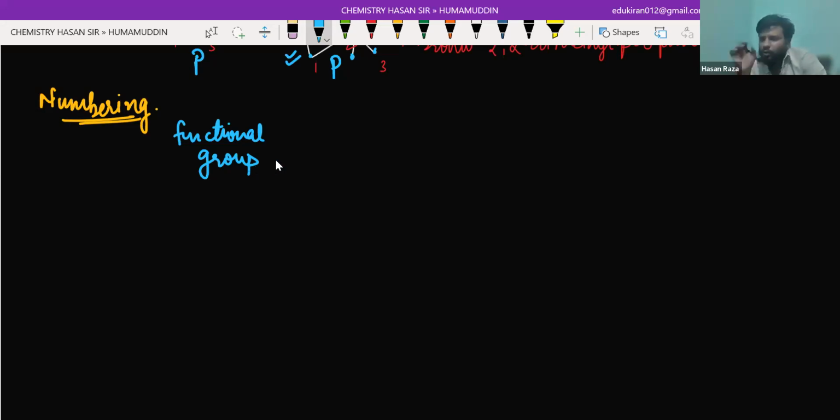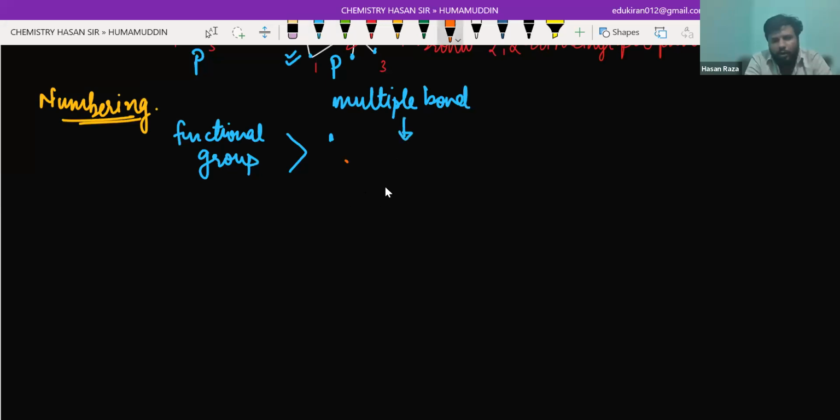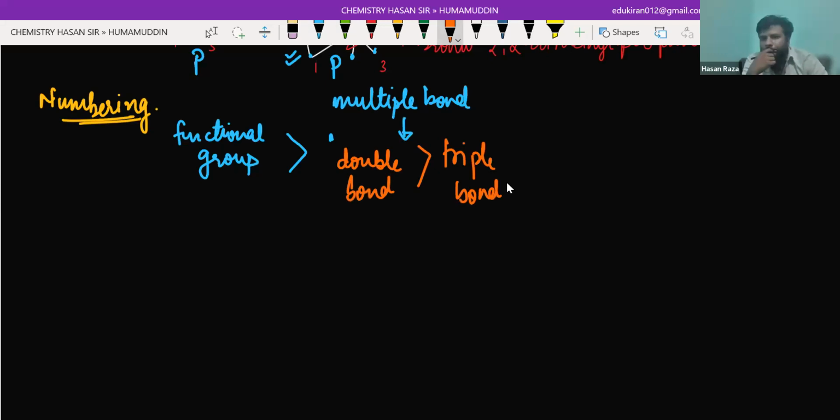So you are going to give preference for numbering to the functional group first. If you are done with the functional group, then go for multiple bonds, that means double or triple bond. And among multiple bonds, you give preference first to the double bond and then the triple bond. Are you getting my point? Yes, sir.